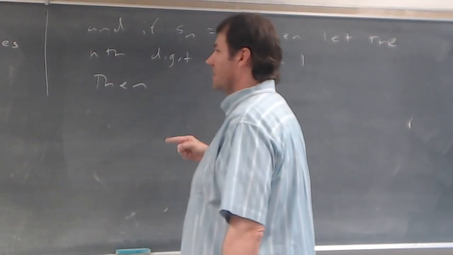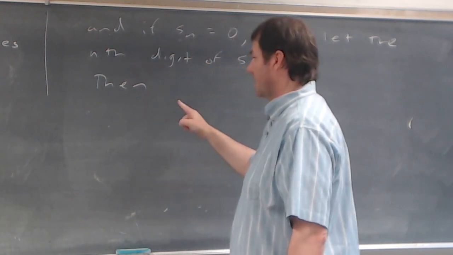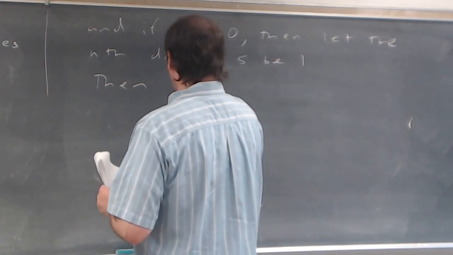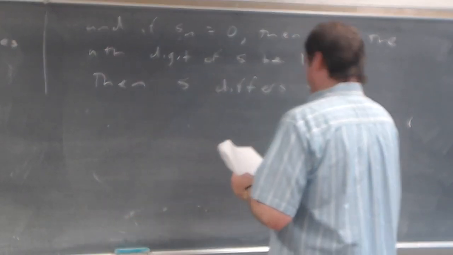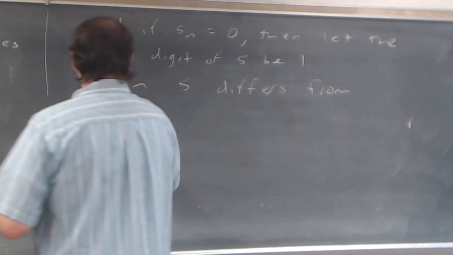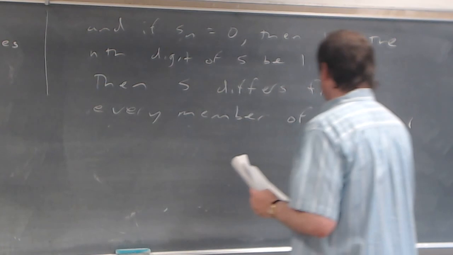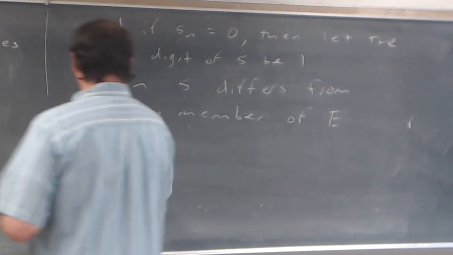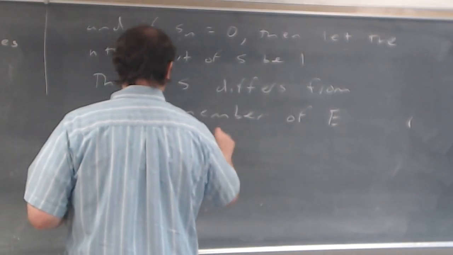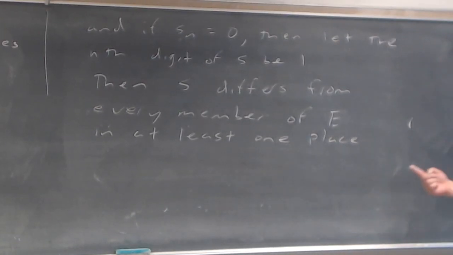Then what happens is, S is a sequence, and S is going to be in A because it only consists of 0s and 1s. But S differs from every member of E in at least one place, one term of the sequence of 0s and 1s.